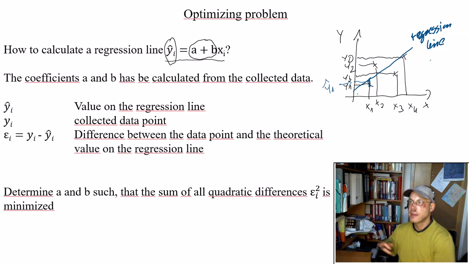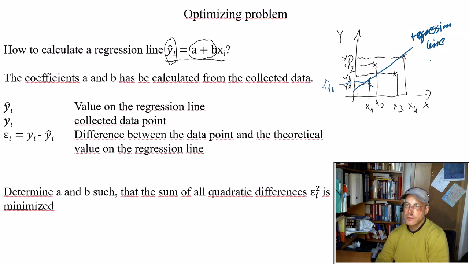So if we are fitting our linear line, then only by accident our data point will directly lie on our regression line.